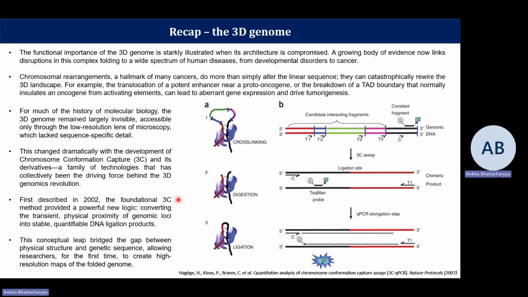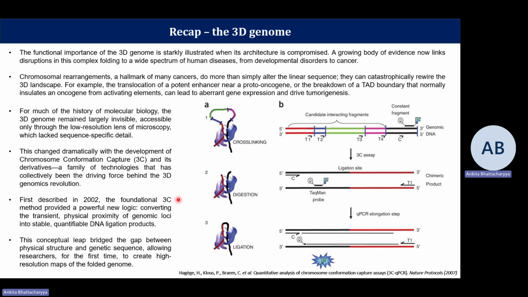From the history of molecular biology, the 3D genome remained largely invisible, only accessible through microscopic lenses, and that has collectively been the driving force behind a revolution of 3D genomics.